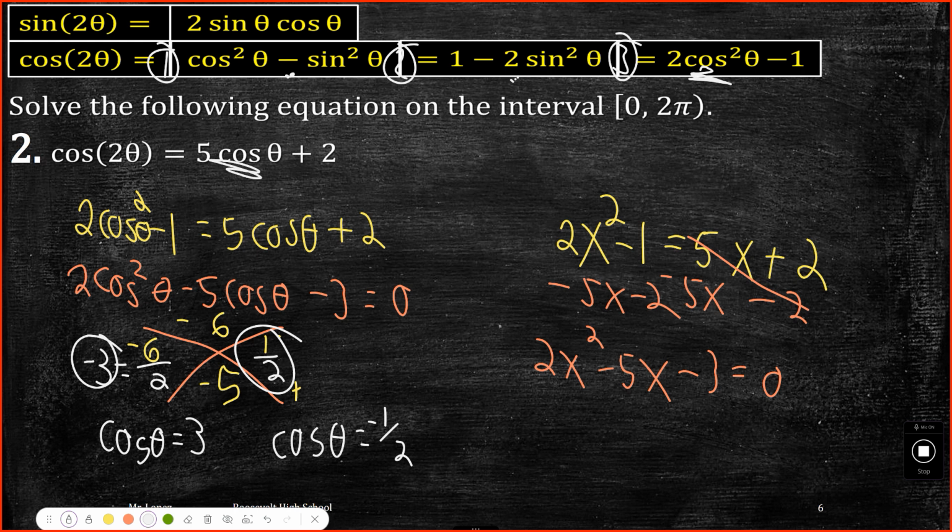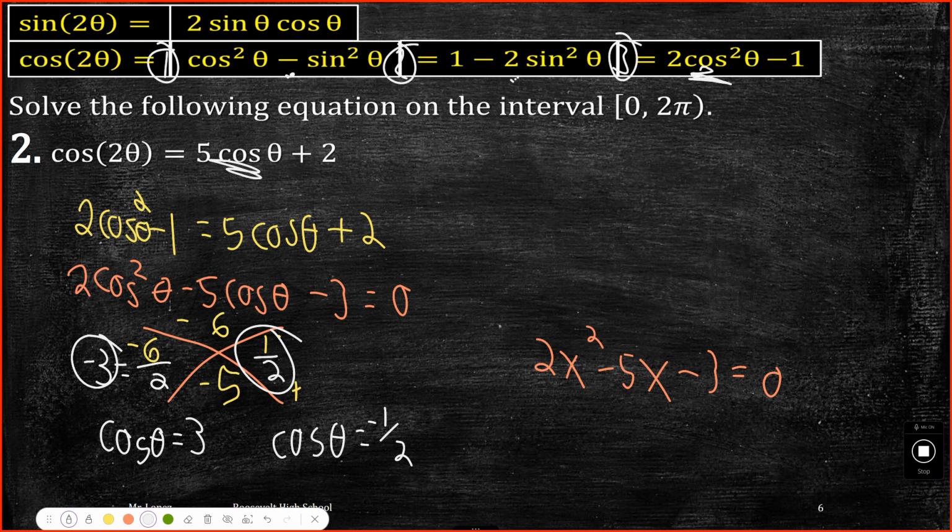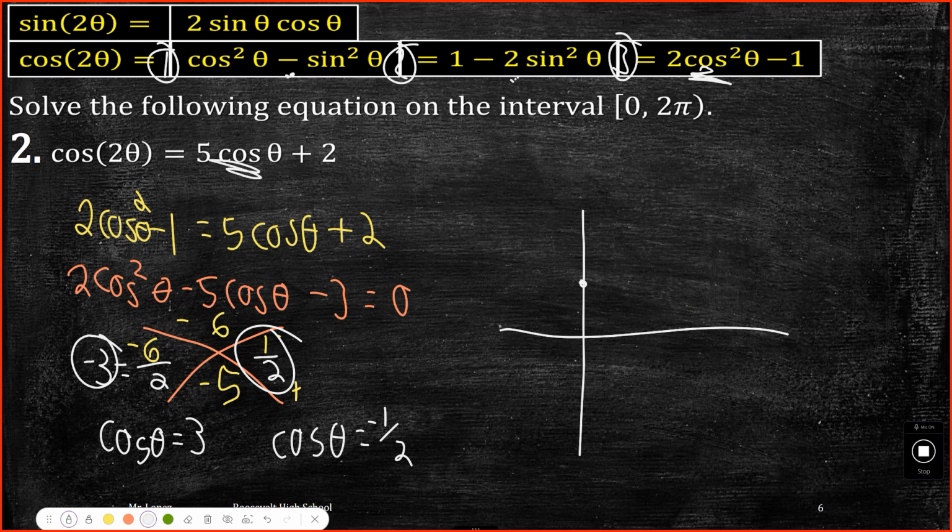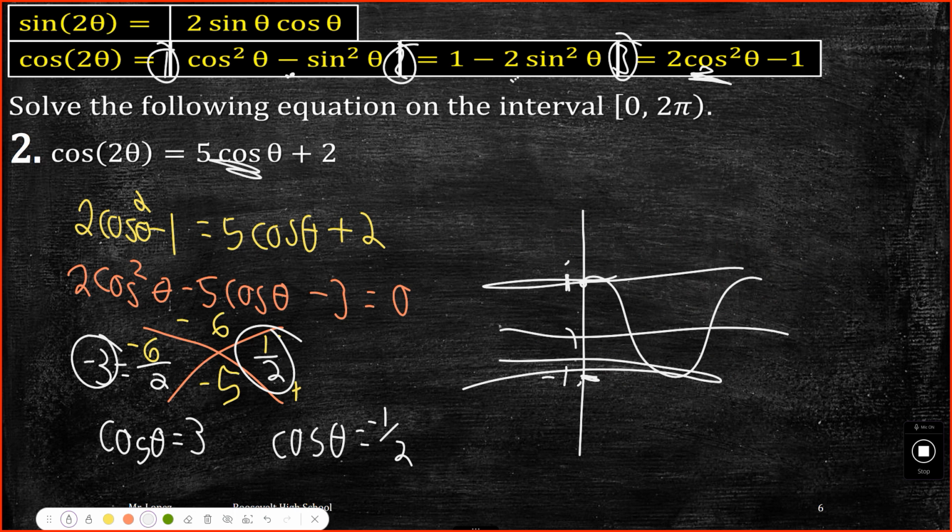This makes no sense, because a cosine function only goes up to 1 at its highest and down to negative 1 at its lowest. So the answers are between 1 and negative 1. When it says 3, it just makes no sense. Throw that away.